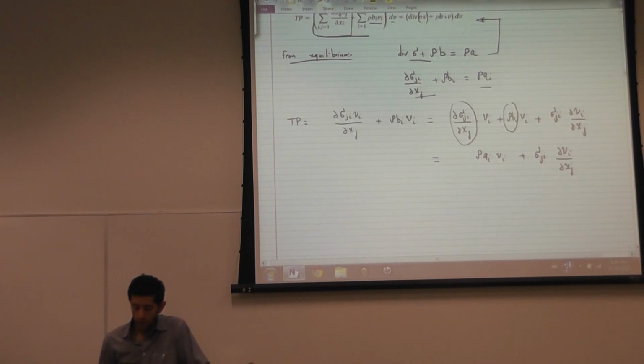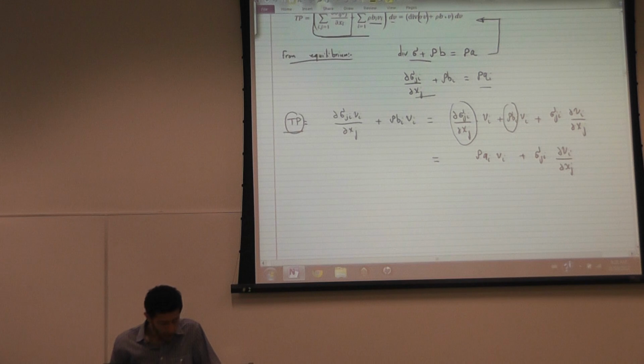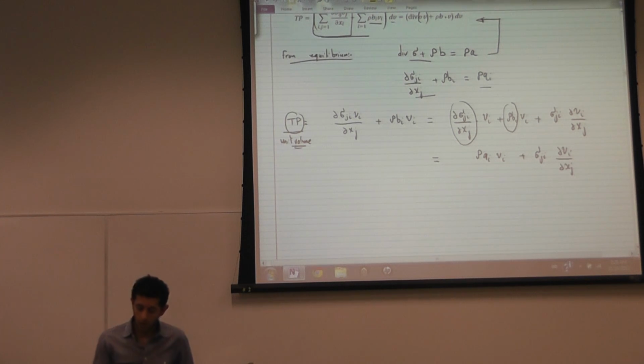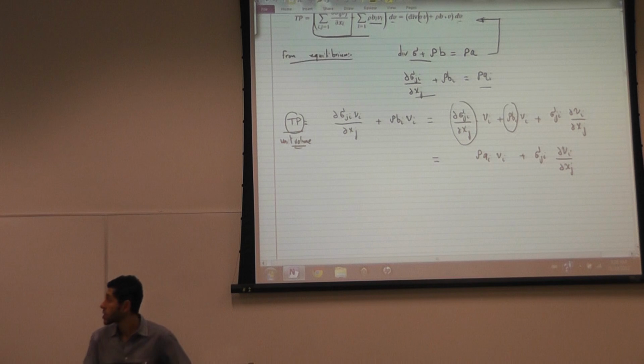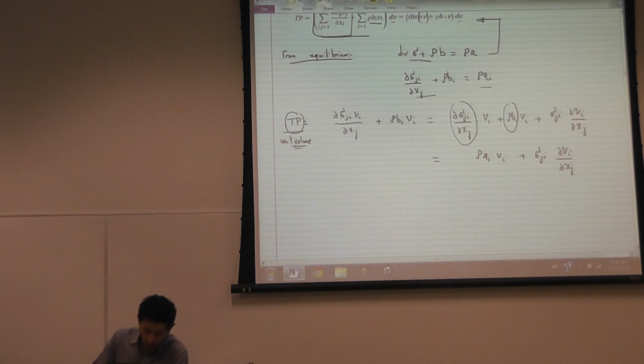So using the equilibrium equation, I find the total power per unit volume. I should multiply by the volume, but this is the total power per unit volume. The volume is equal to dx1, dx2, dx3, but I divided by dx1, dx2, dx3. Actually, let's keep the volume, just to be consistent.